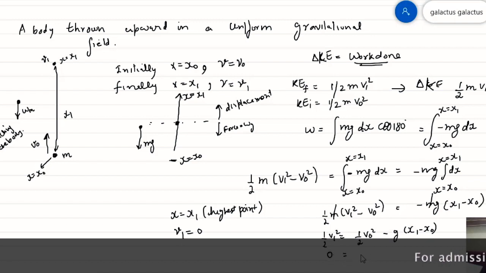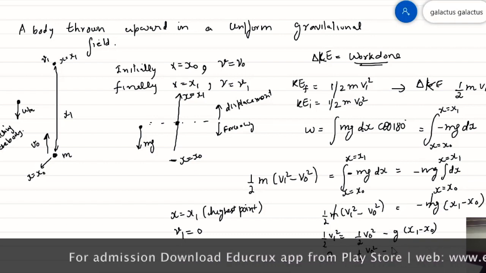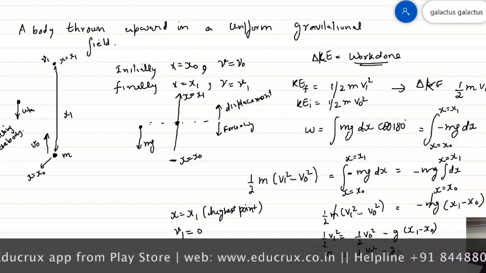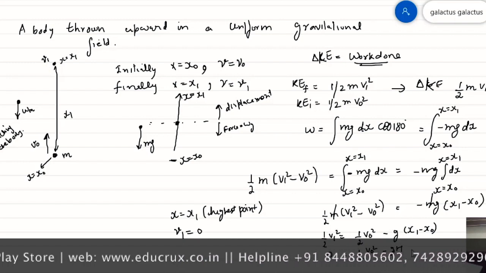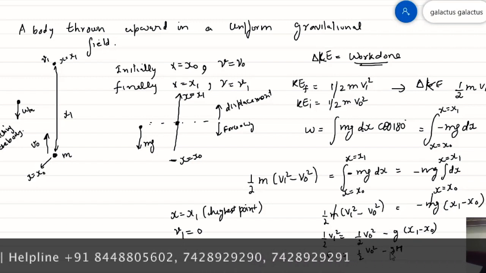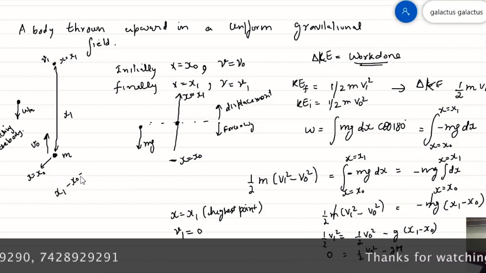So this will be 0, and this will be half v naught square minus g times x1, where x1 is the highest point. Let us call this distance h, that is, x1 minus x naught is equal to h.